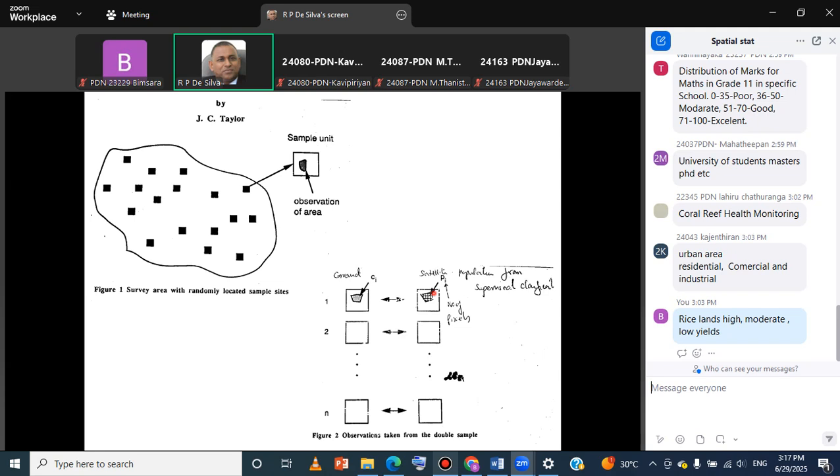And take all the examples, wherever you have paddy, and extract the spectral characteristics of the area. What kind of pixel values do you have? Then you do a classification using those data as training data and get the entire area classified.